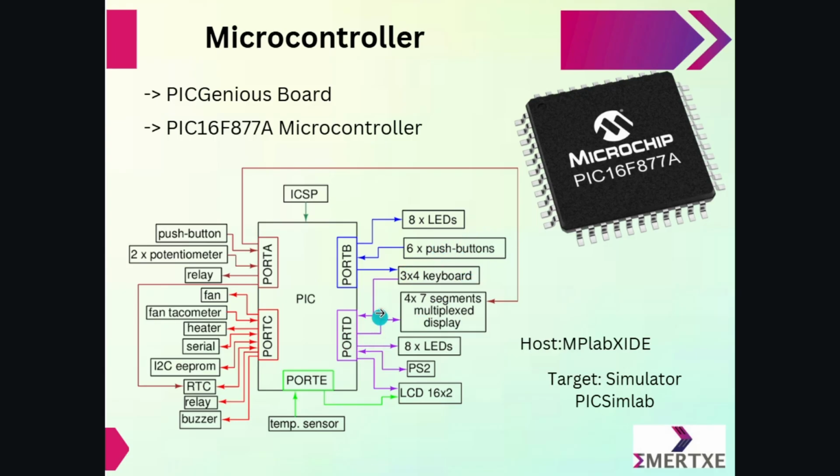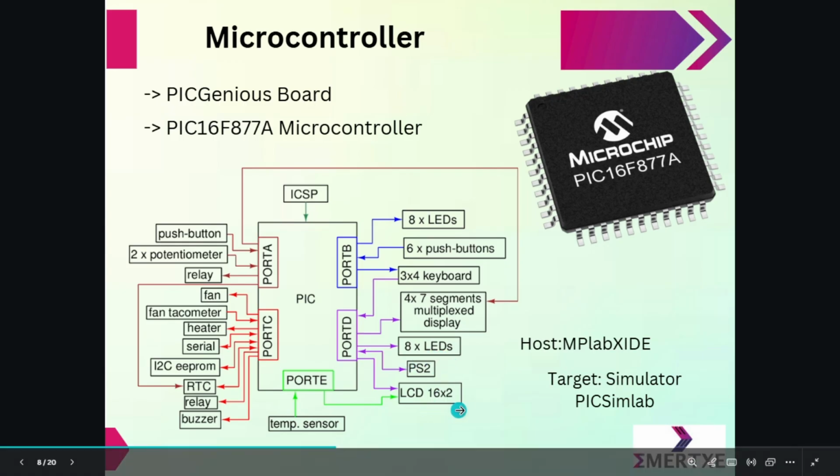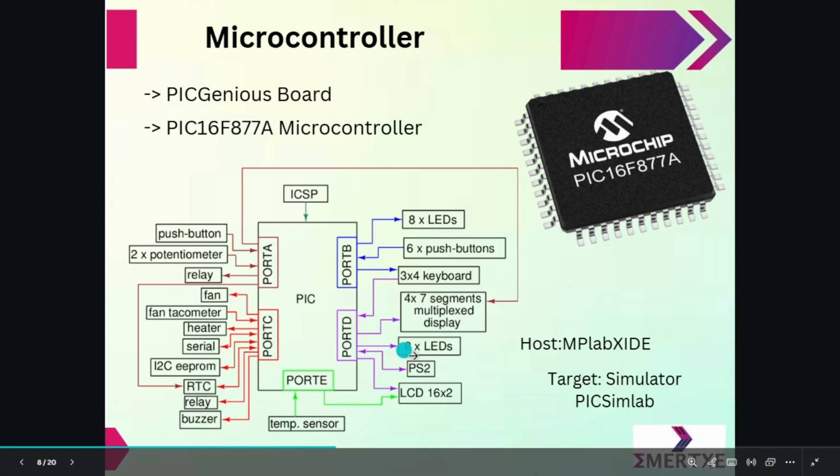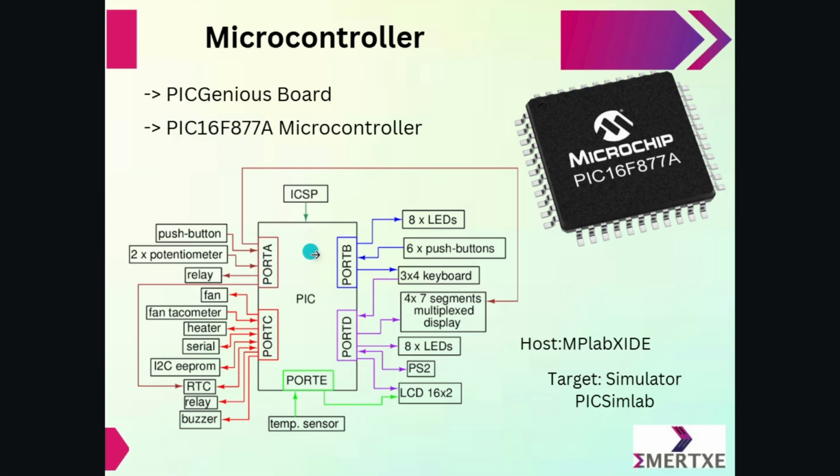Similarly, port D is also used for keyboards, 7 segment multiplexer display and LEDs, and PS2 and LCD 16 cross 2. Port E is also used for temperature sensor and LCD. Port C is used for fan tachometer, heater, serial, I2C, EEPROM, RTC, relay and buzzer. These are the usages of these different ports in this PIC microcontroller.